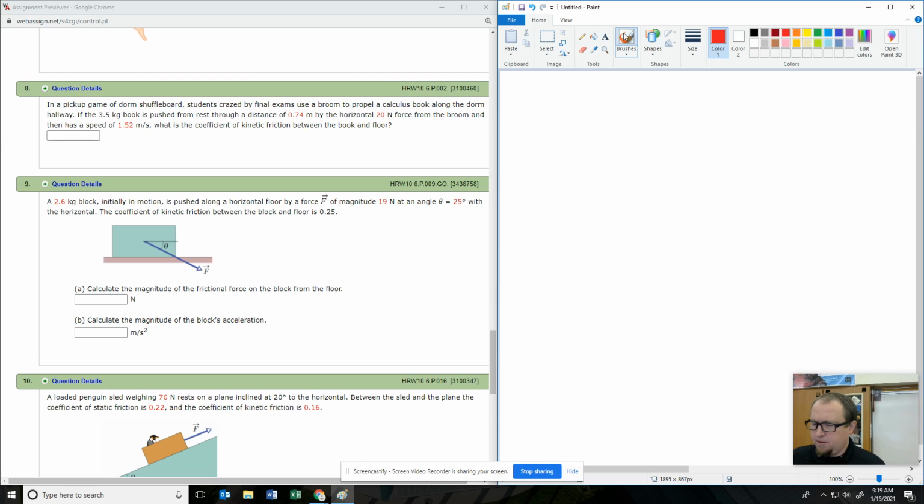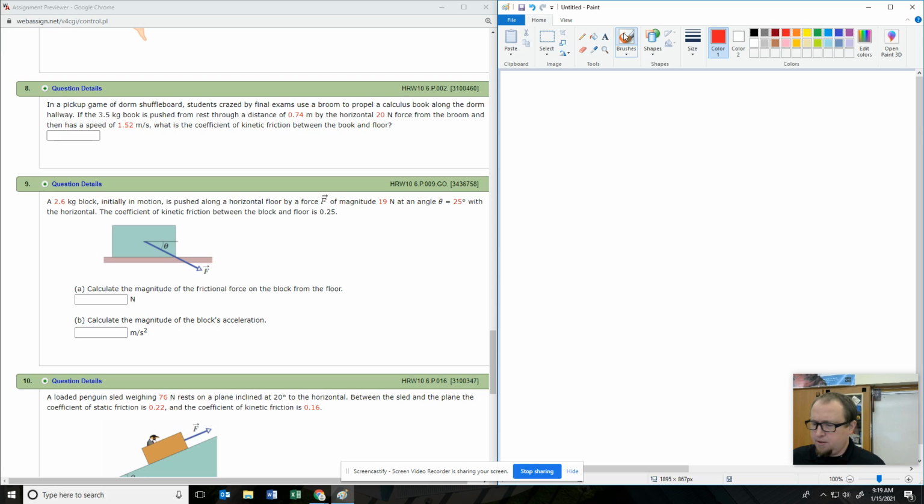So this force that we apply is going to be the F net, because as it applies a friction force to the bottom one, these will be third law force pairs and cancel out. But as you apply that force, that's going to be your F net.